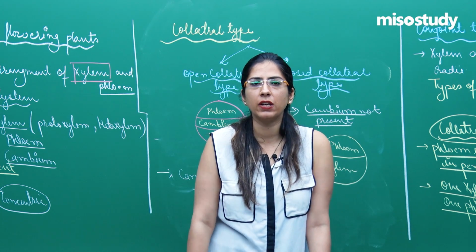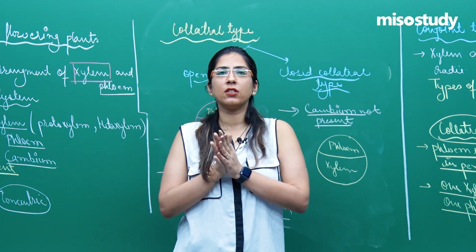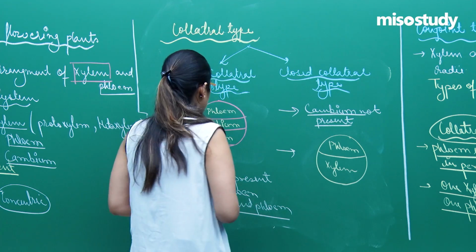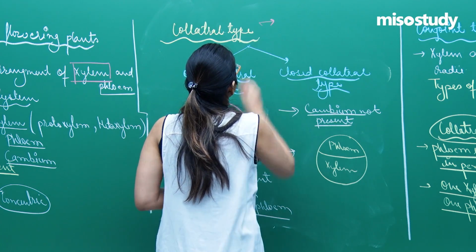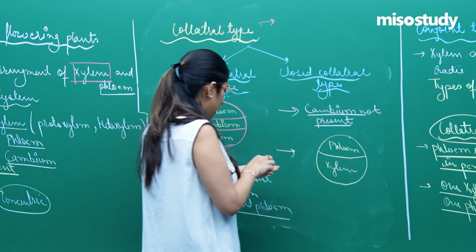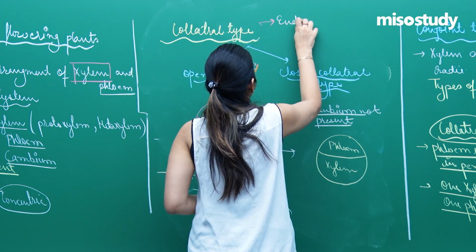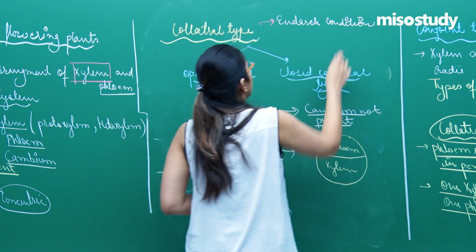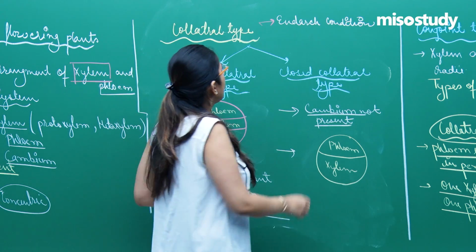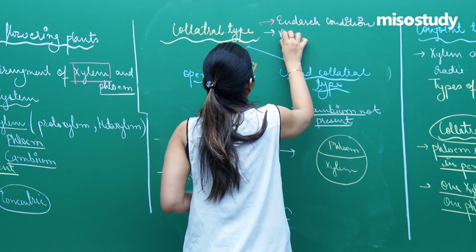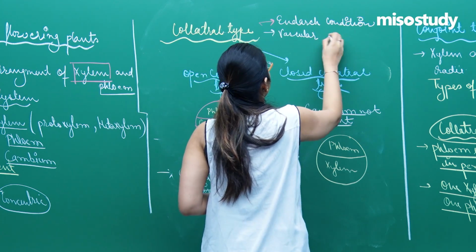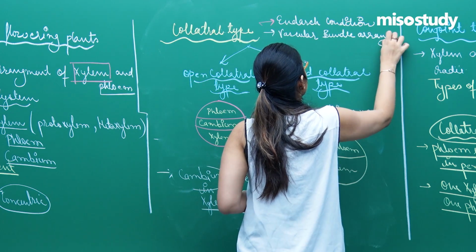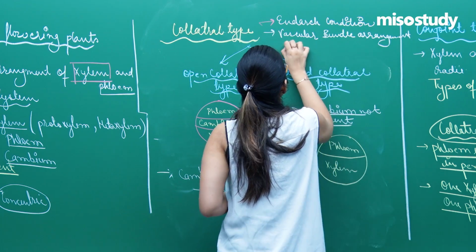Now, what is an endarch type of condition? We have discussed that. In endarch type of condition, the protoxylem is present in the center and the metaxylem is present towards the periphery. So, let's write about the collateral type. In the collateral type, we can see the endarch condition, and in this endarch condition, moreover, the vascular bundle arrangement is centrifugal.